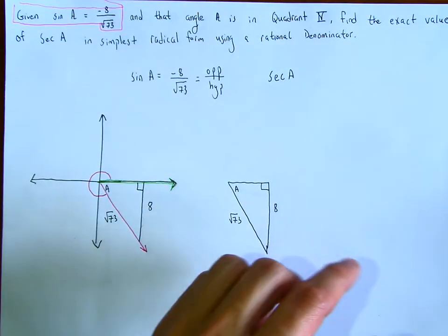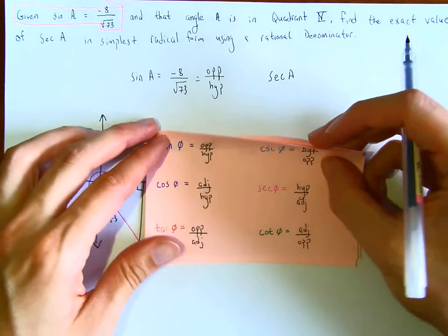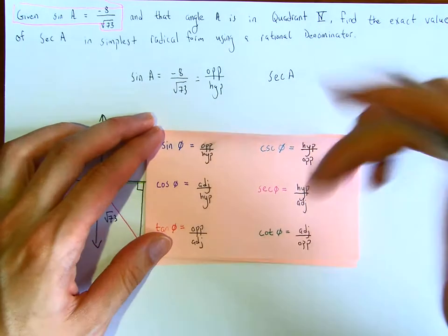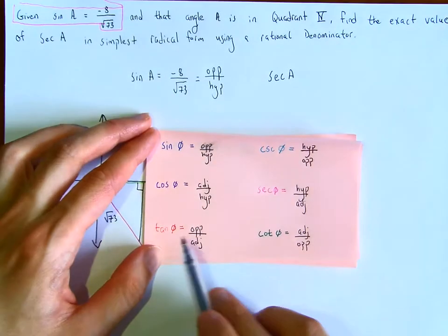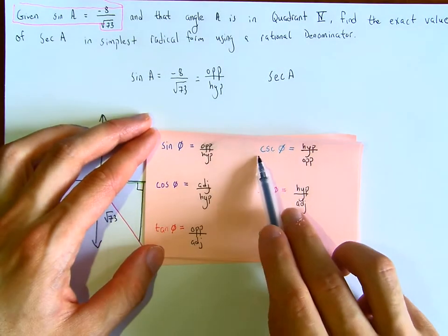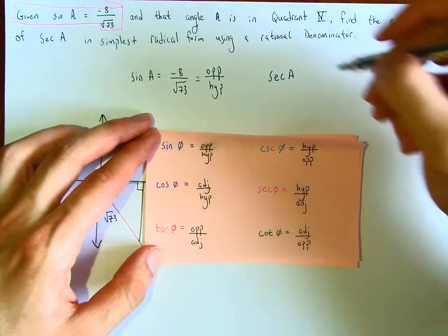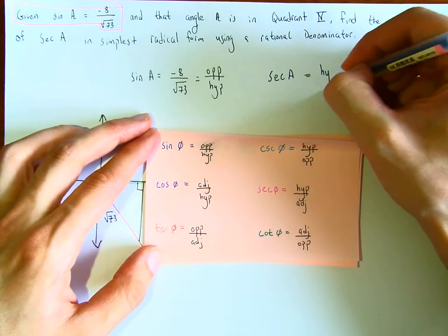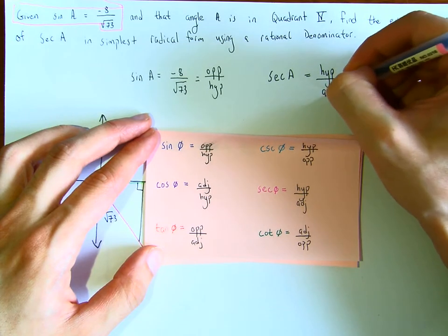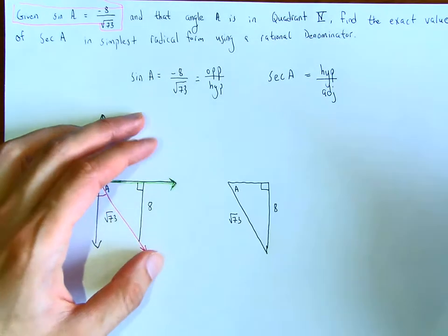Now here we just have to go back to our notes a little bit. If we have sine theta, cosine theta, tangent theta, cosecant theta, secant theta, what is secant? Secant is hypotenuse over adjacent. So notice that we have the hypotenuse.